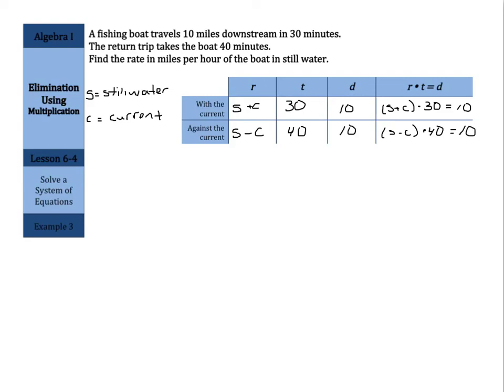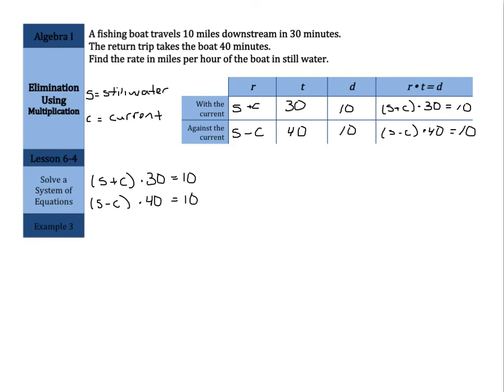And there I have my two equations. The first one, s plus c times 30 equals 10. And the second one, s minus c times 40 equals 10.